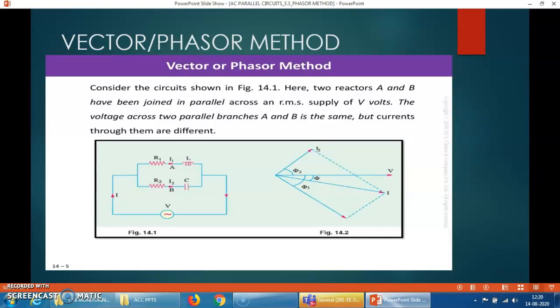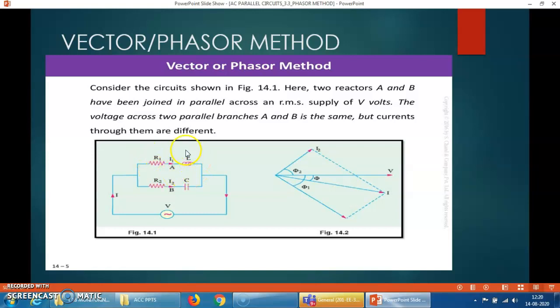See, here one circuit diagram is given. For example, two branches are connected parallel to each other, so it is called a parallel circuit. In the first branch there is a resistor having a resistance of R1 ohm, and an inductor having an inductance of L Henry connected in series.